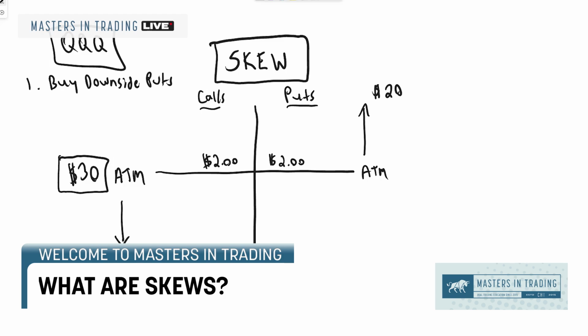People use options for protection. So if you want to insure your account, if you want to protect your account, it's really easy just to go, hey, I'm going to buy some downside puts to protect myself from a big move down. So retail trading loves to buy downside puts.